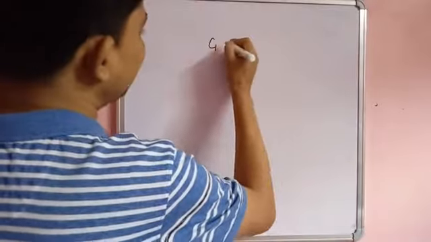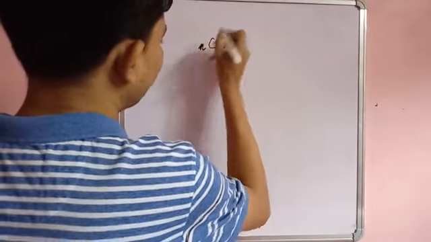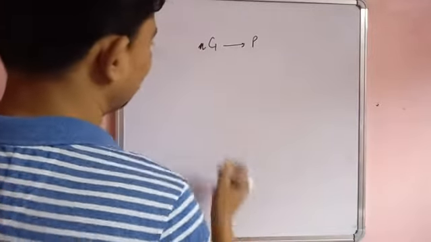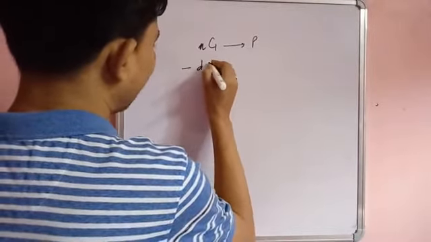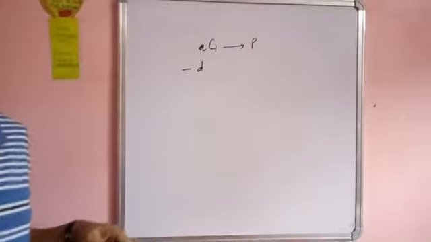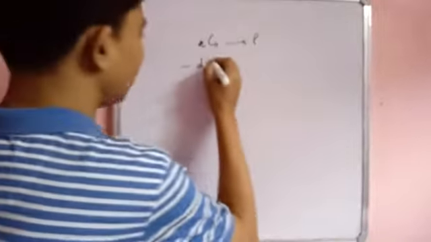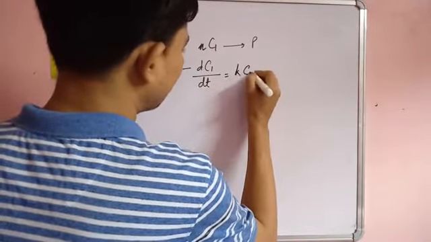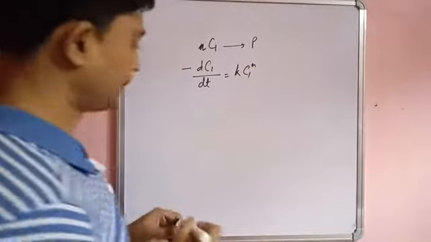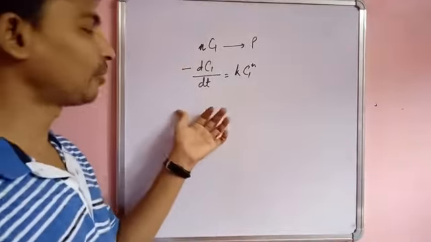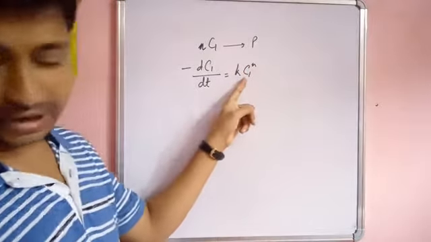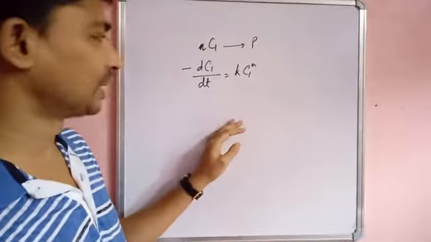Suppose we have one reaction where the reactant is C1 and the stoichiometric coefficient of C1 is n, and it gives rise to product. So the rate of reaction, that is minus dC1 by dt, is equal to K into C1 to the power n, because the rate of reaction varies as the nth power of the concentration of reactant.